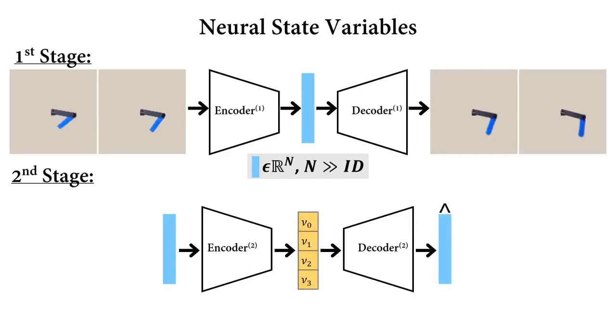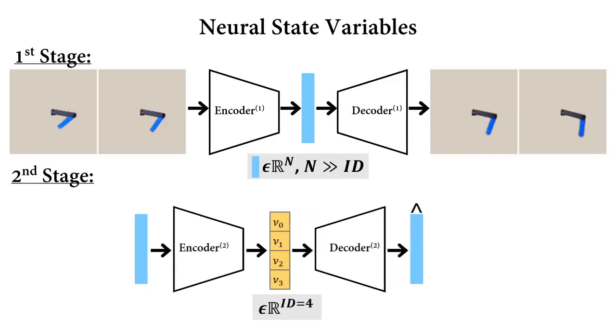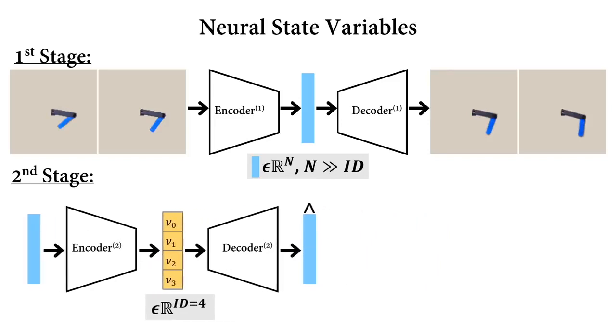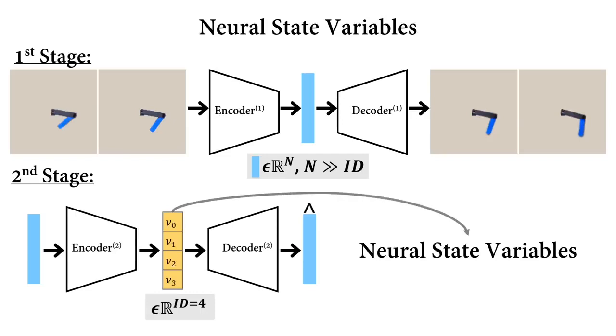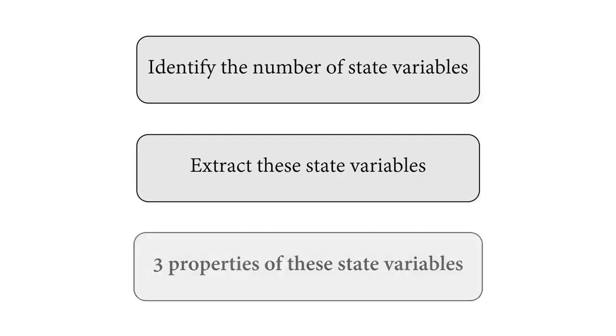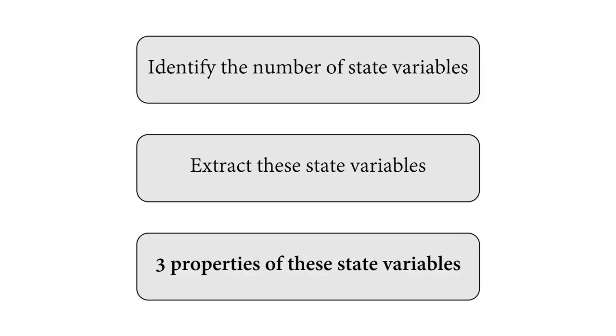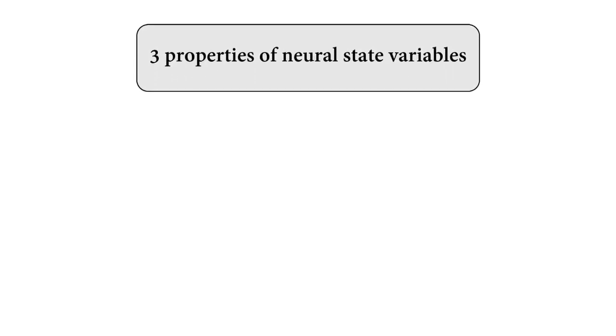The special property of this network is that the size of the latent embedding equals the intrinsic dimension obtained from the first step. We find that such a two-stage approach can bypass the optimization challenge and give us a minimum reconstruction error across all of our systems. We can then identify the latent embeddings from this second neural network as the neural state variables. Next, we will demonstrate 3 significant properties offered by these discovered neural state variables for long-term dynamics prediction.